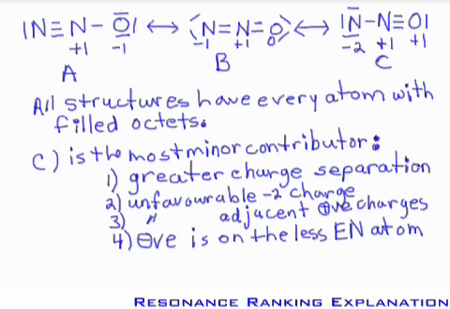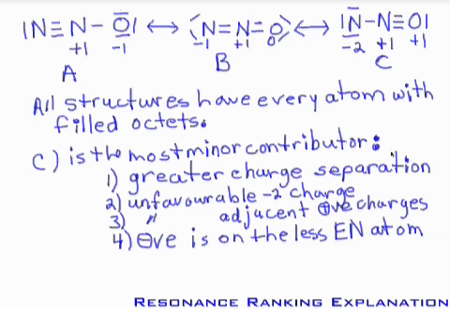Okay, now in terms of the next few rules, since structures A and B have the same charge separation, we have to move on and consider rule number 5b. Rule 5b states that resonance structures that place the negative charge on the more electronegative atom make greater contribution to the resonance hybrid than those that don't.